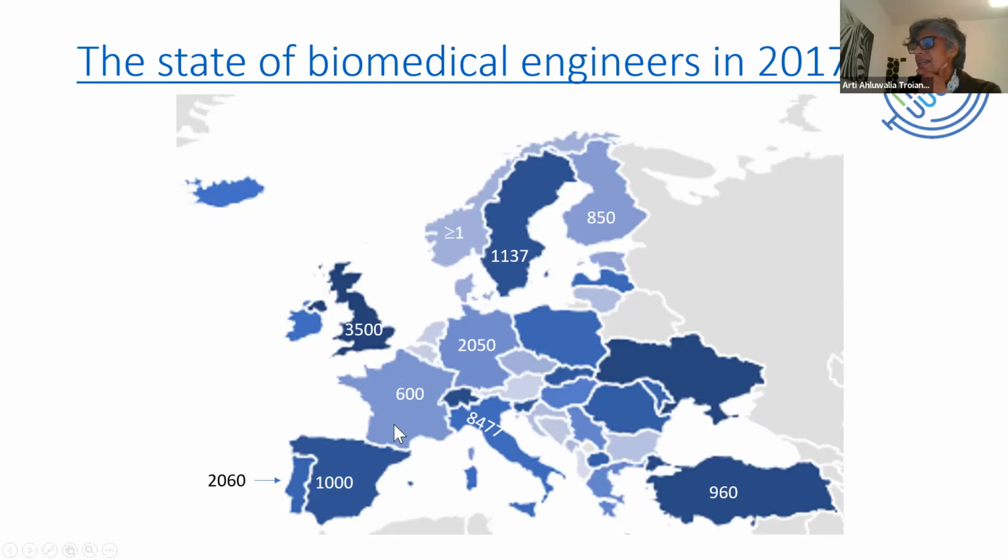These are the data that came back from Europe. The country with the largest number of biomedical engineers is Italy, with 8,477. Then if you look across here, you can see that many of the countries have very, very few. This light blue color means that the countries reported about one biomedical engineer in the country.